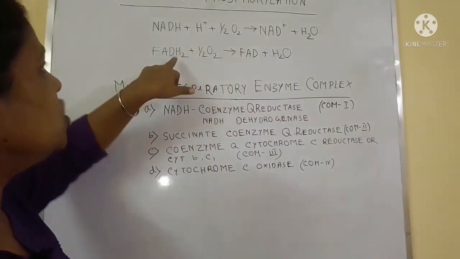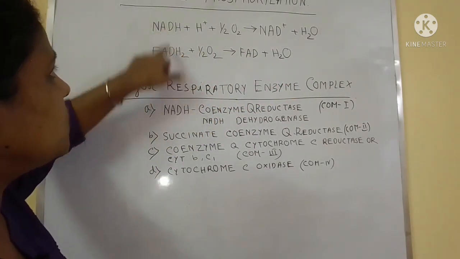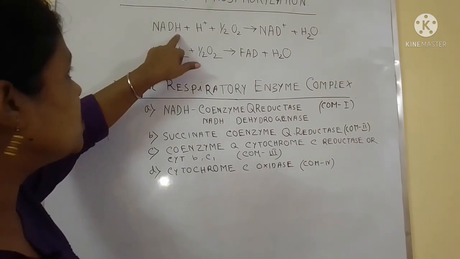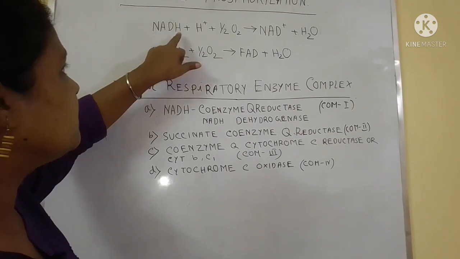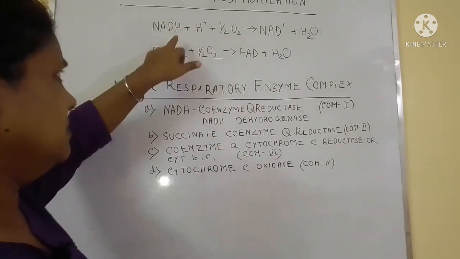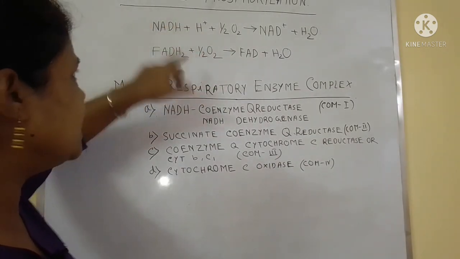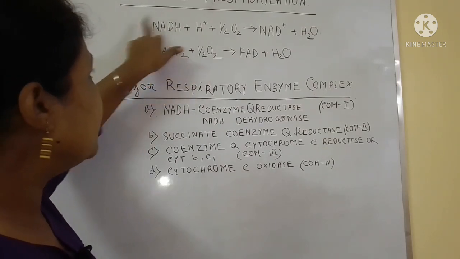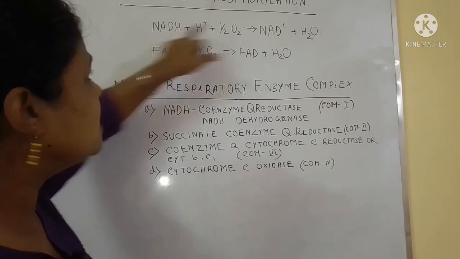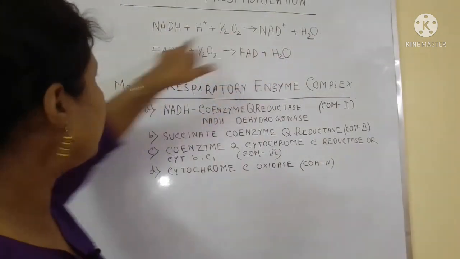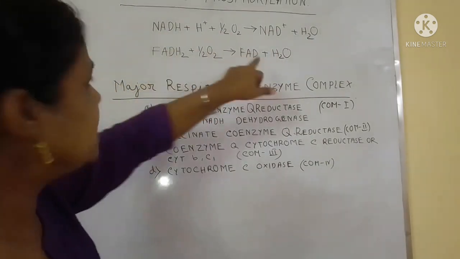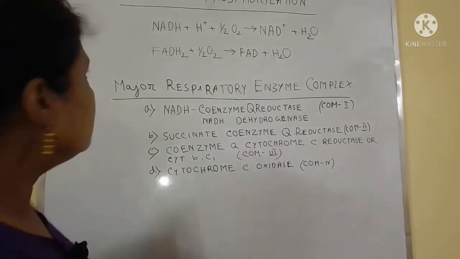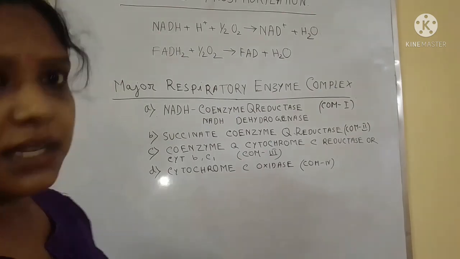That means in the case of these two substances, you can see the hydrogen ions release from NADH and FADH2, and NADH changes to NAD plus, and FADH2 changes to FAD. So this is oxidative phosphorylation.